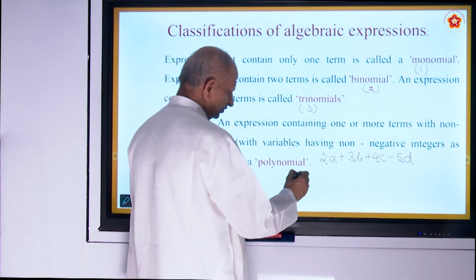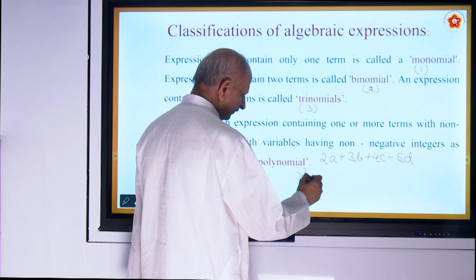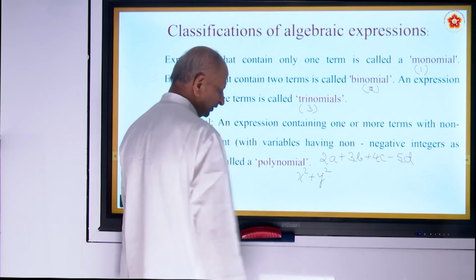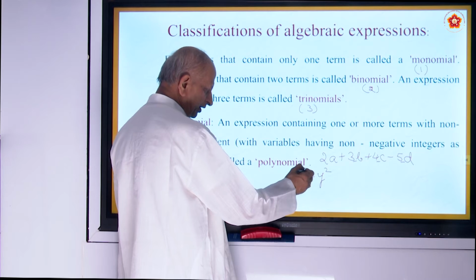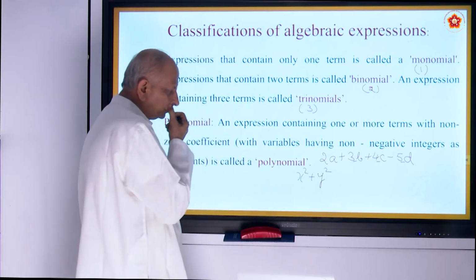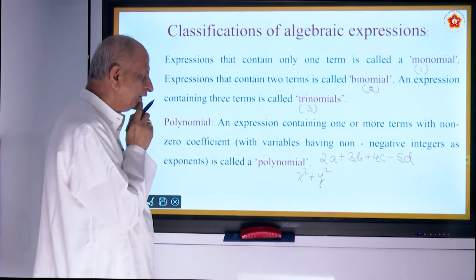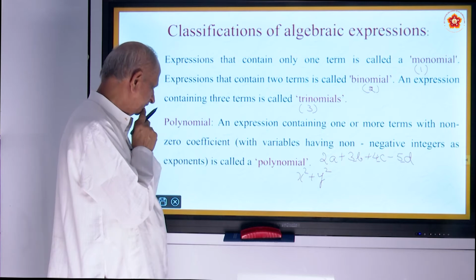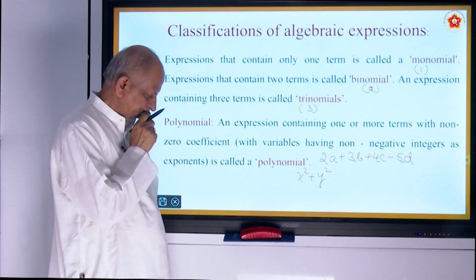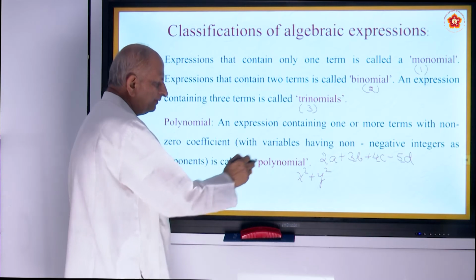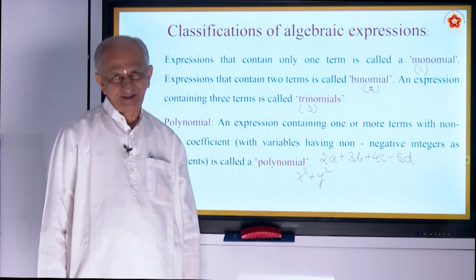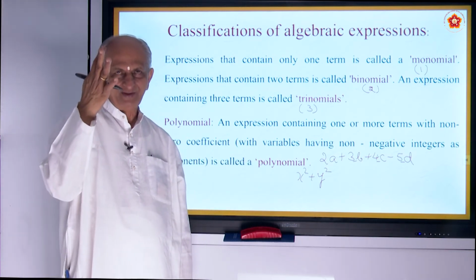See here, suppose you write x squared plus y squared. It's also called polynomial because the degree or power is 2 here. It should be non-negative integers as exponents. Then it is called polynomial. Come on, what are the names?